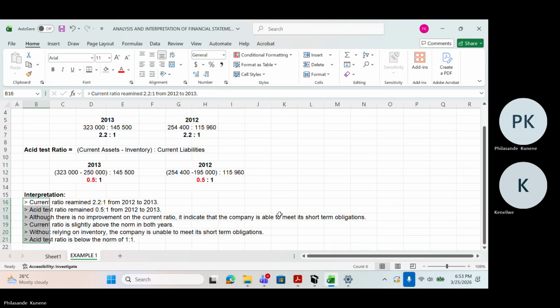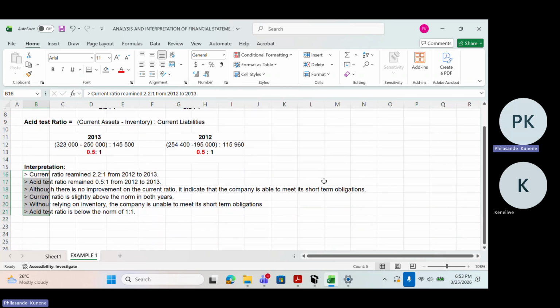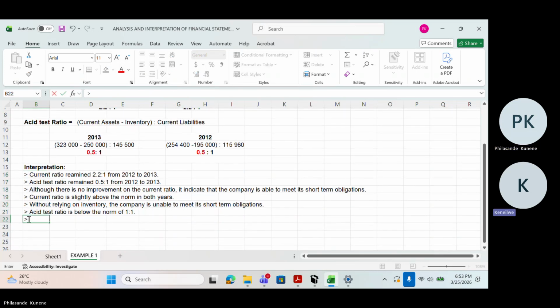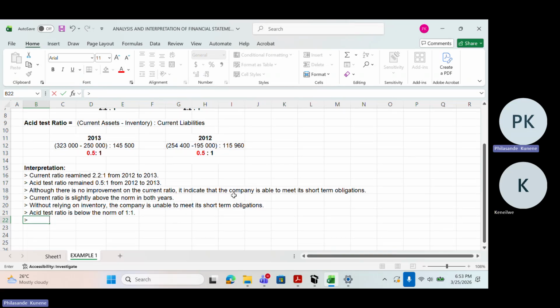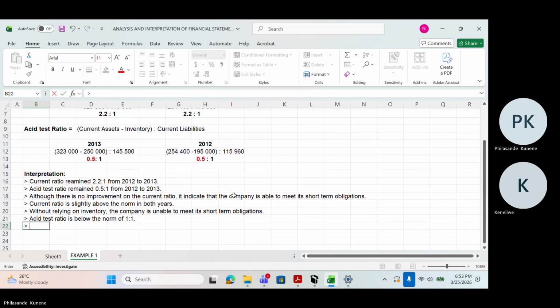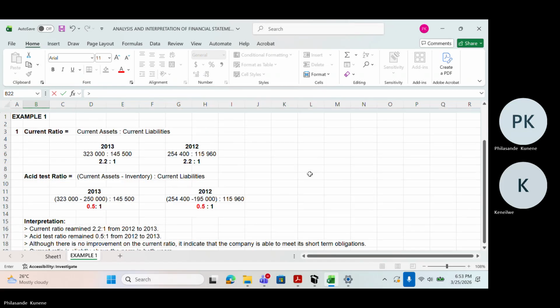But now let's talk about the final comment. Are we in a good liquidity position or not in this situation, considering the two ratios? I'd say not. Yes. Why are you saying that? Based on both of the ratios, are we in a good liquidity position or not?